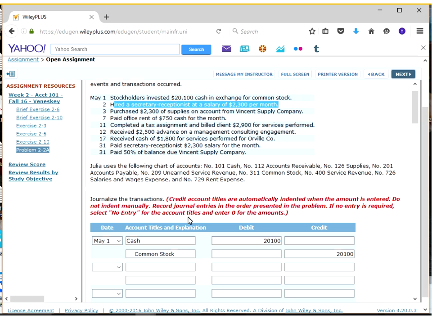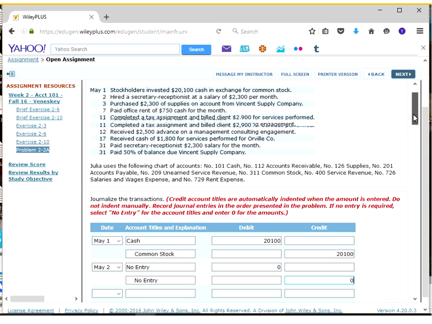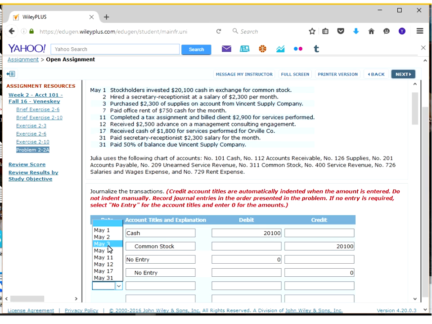So when nothing substantial has happened, Wiley Plus is trying to trick us here. We want to read this red area real close, and if there is no entry required, we simply put no entry, and then put a 0 in the debit or credit column. May 2nd, we didn't have anything to do. So let's move on here to May 3rd.